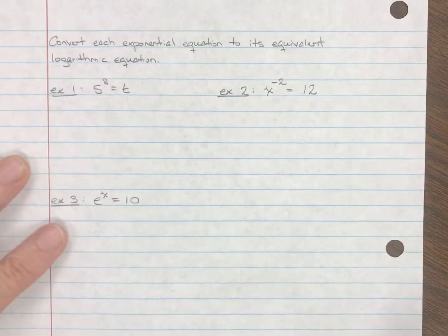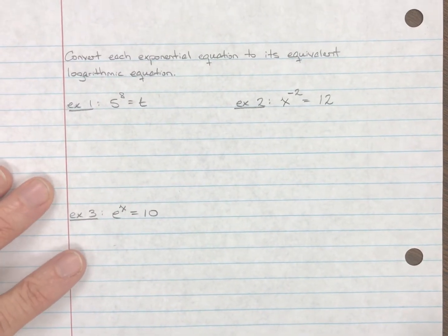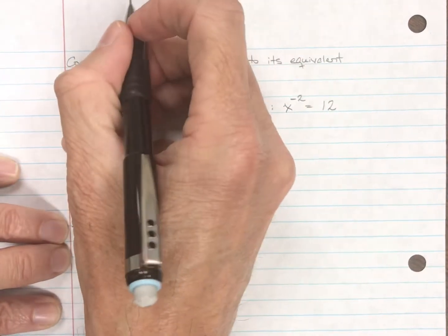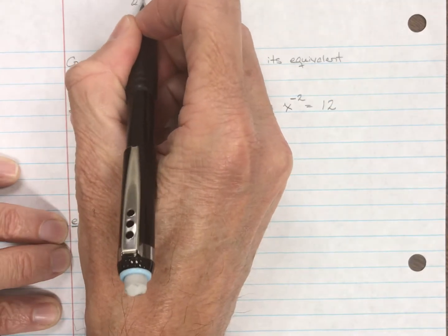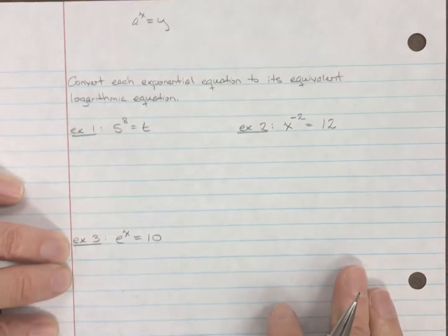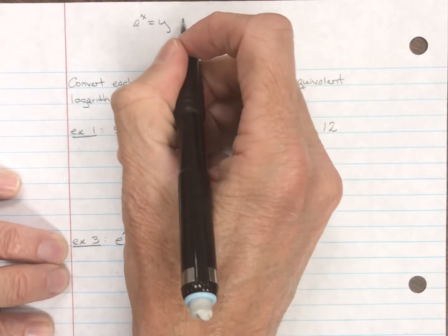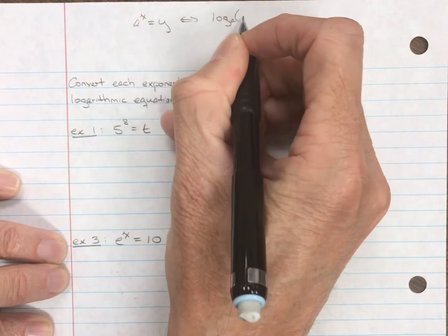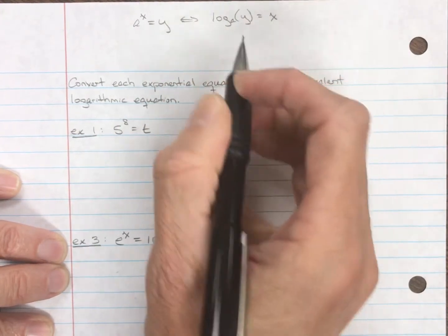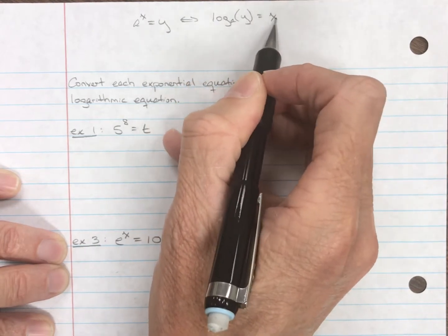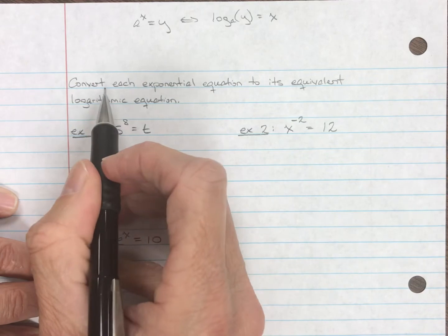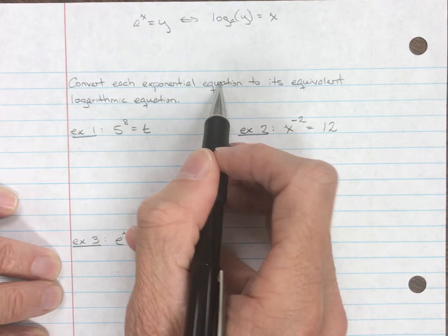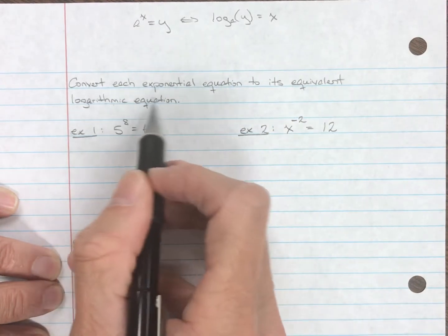Let's do some converting. Let's just make use of that and do some converting. Okay, so again, a to the x equals y is the same thing as log base a of y equals x. The log is an exponent. So here we want to convert each exponential equation to its equivalent logarithmic equation.